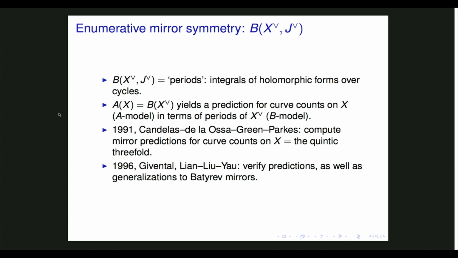So Candelas, de la Ossa, Green, and Parkes computed the mirror predictions for curve counts on a degree 5 hypersurface in CP4 coming from mirror symmetry. And these were proved by Givental and Lian, Liu and Yau, together with generalizations beyond the case of the quintic threefold.